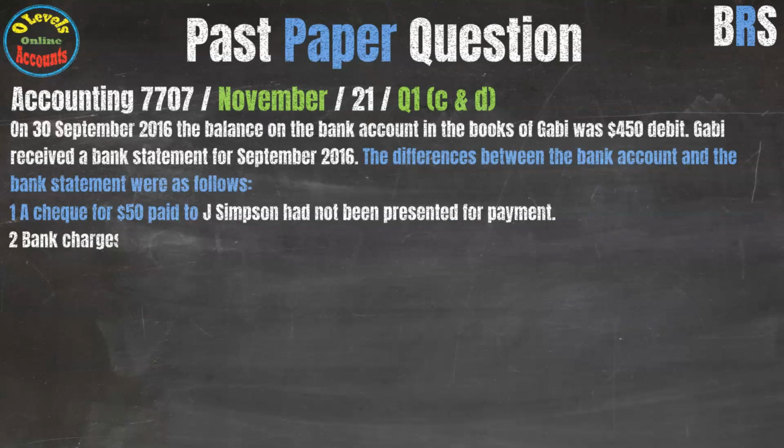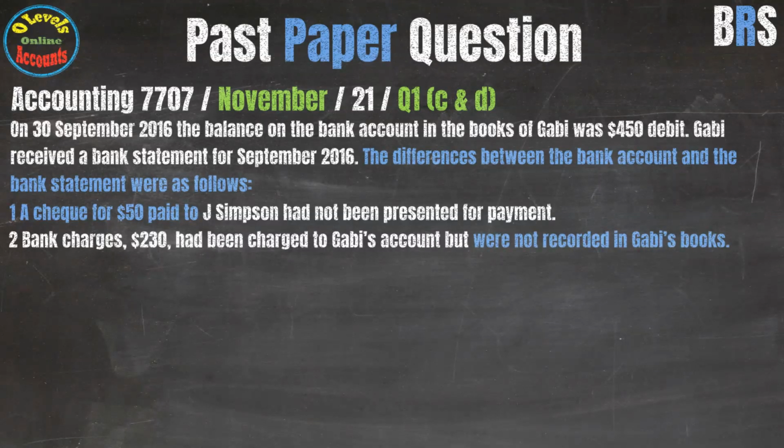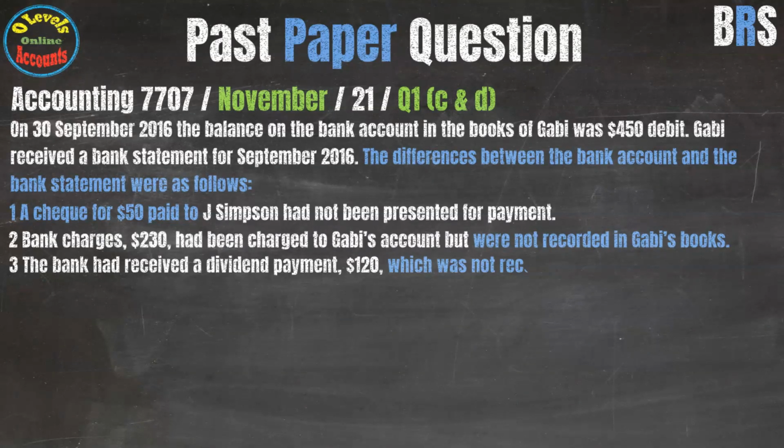2. Bank charges, $230, had been charged to Gabby's account but were not recorded in Gabby's books. 3. The bank had received a dividend payment, $120, which was not recorded in Gabby's books. 4.